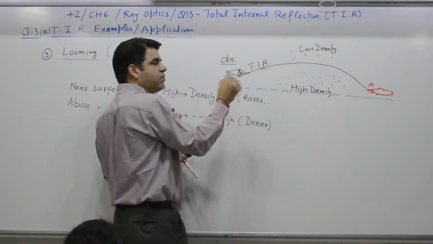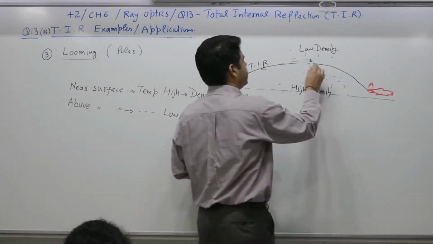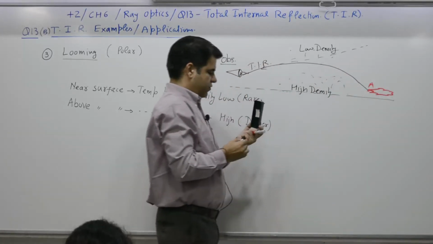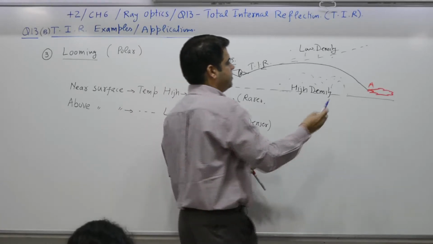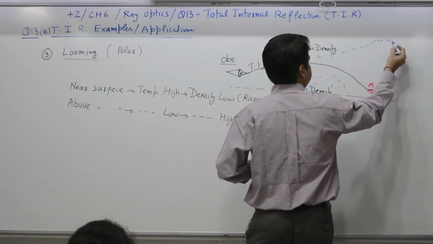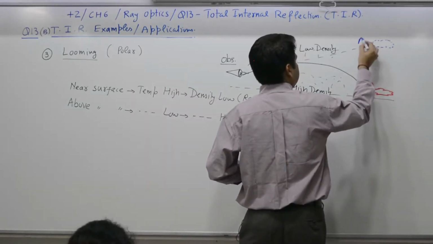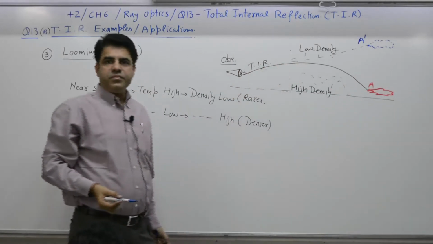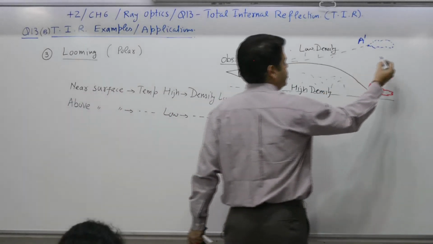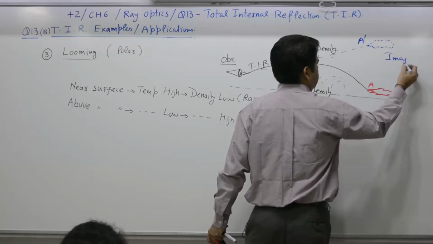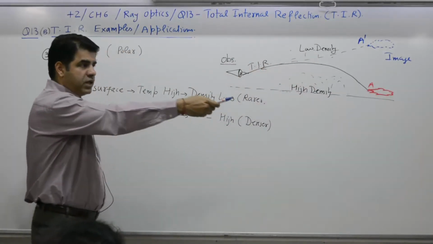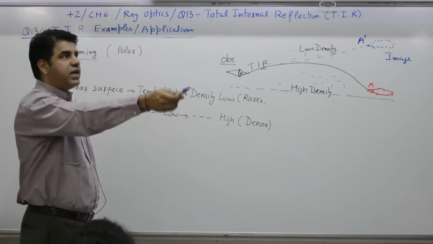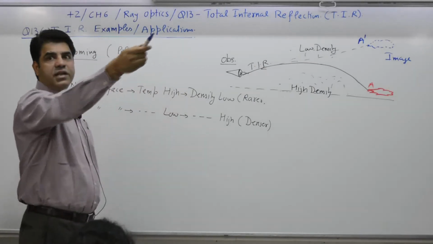And this observer finds as if the ray is coming from a different point, A dash. A dash means what? Image. This is the object and this is the image. That means you have 5 aeroplanes parked, and at the same time you find 5 aeroplanes in the air also.